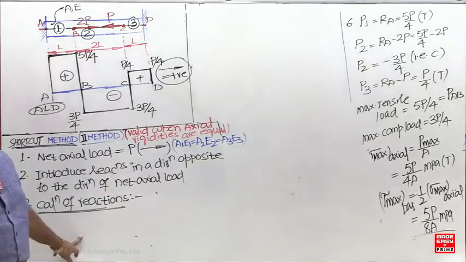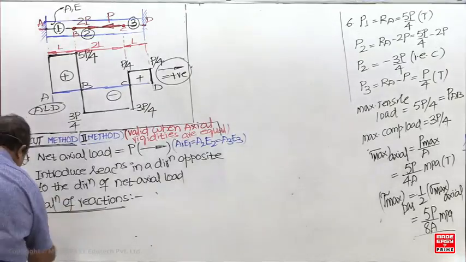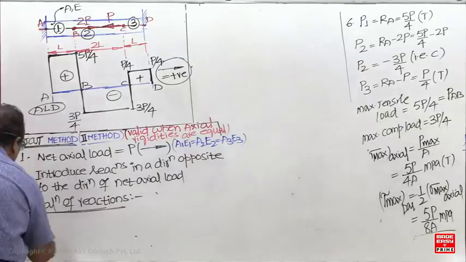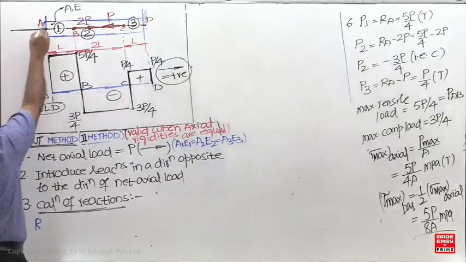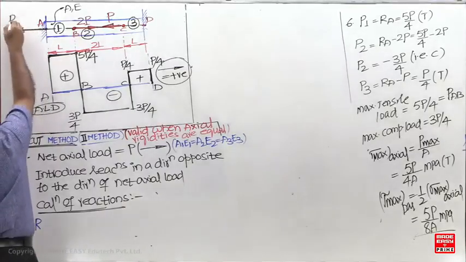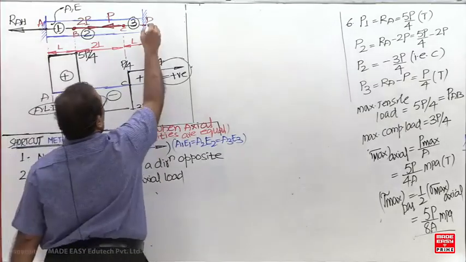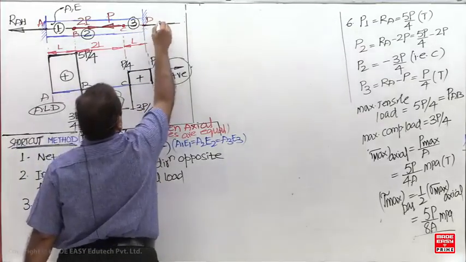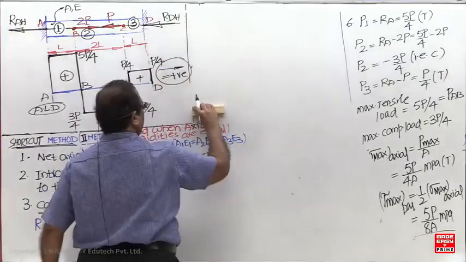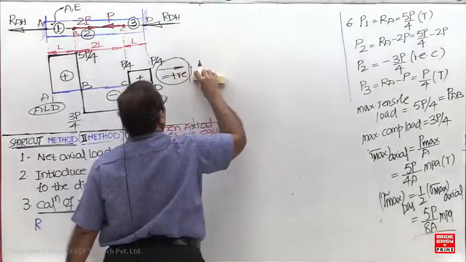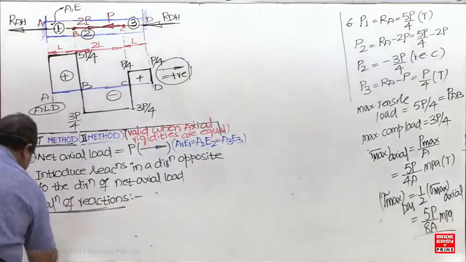All of you can see towards the board now. First you have to enter the reactions. You can calculate the RAH.